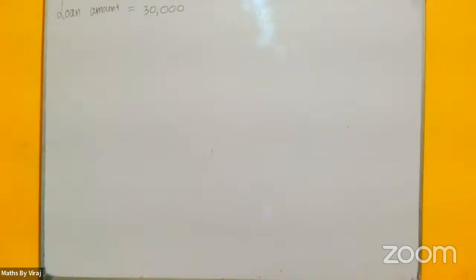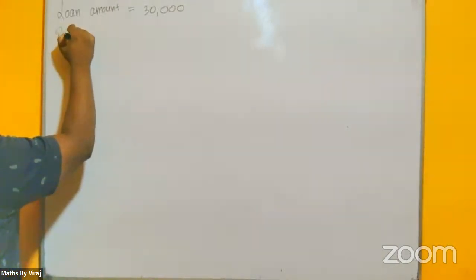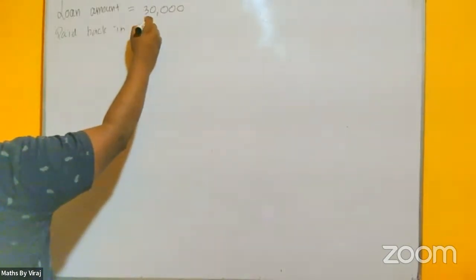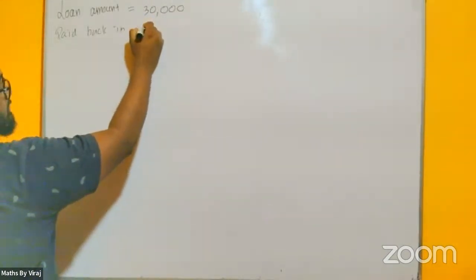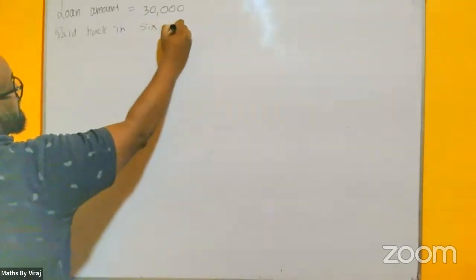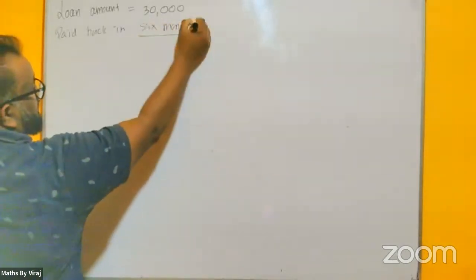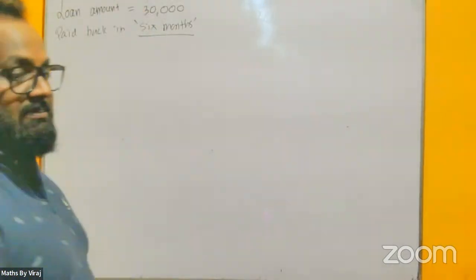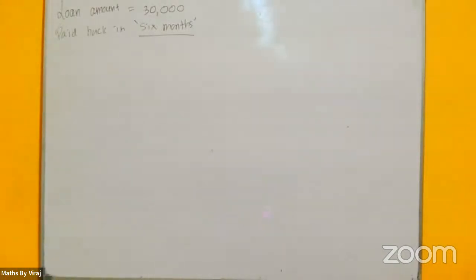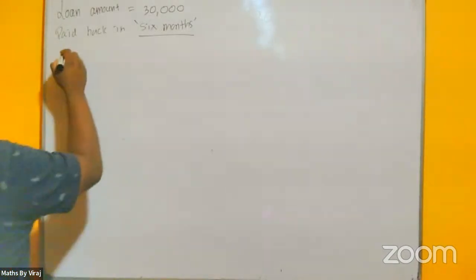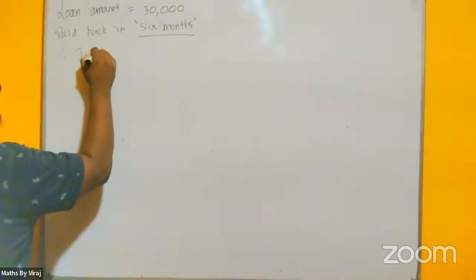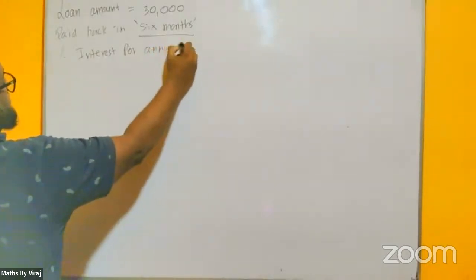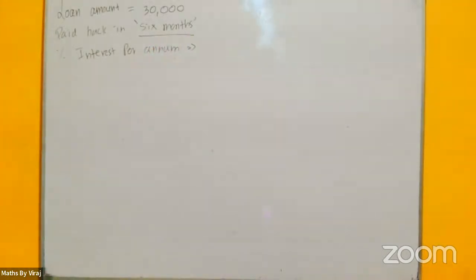This has to be paid back in how many months? Loan amount is 30,000, paid back in 6 months. What is the percentage interest per annum? That is per year. What is the percentage interest?